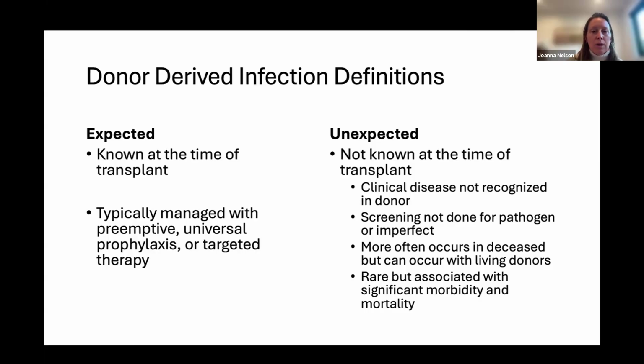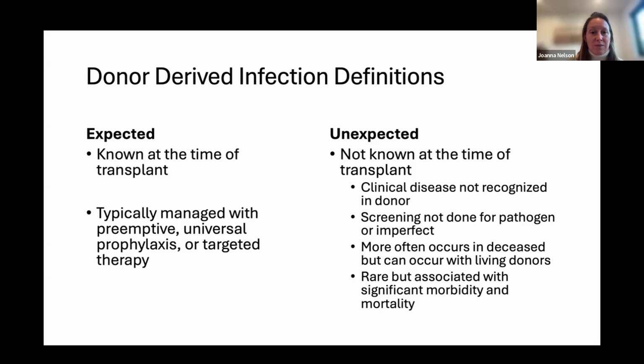For example, a donor who's NAT positive for hepatitis C, or a donor who has an E. coli bacteremia. And typically, we can manage the recipient with either preemptive therapy, universal prophylaxis, or targeted therapy. And in doing so, outcomes are usually quite good in recipients and are not significantly altered by these infections.